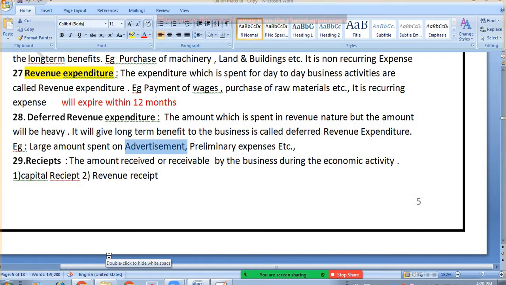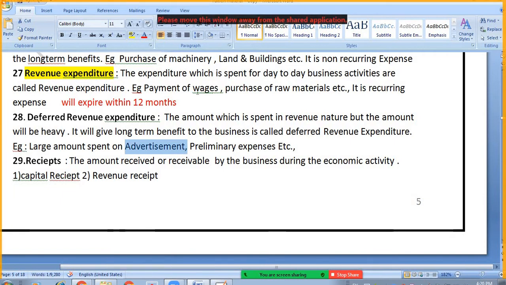They spend a lot of amount on advertisements to get popularity in the society. Now actually this is not capital expenditure, because capital expenditure means we will receive something in return, in the form of articles or in the form of assets.